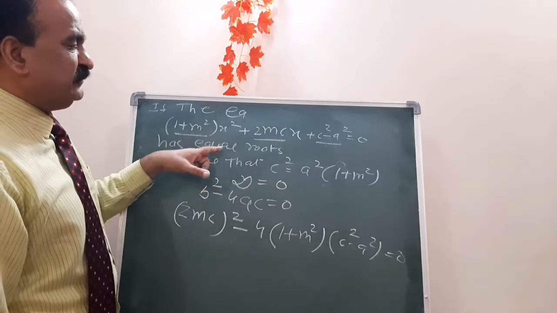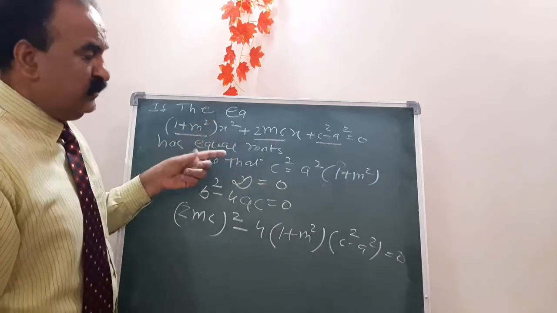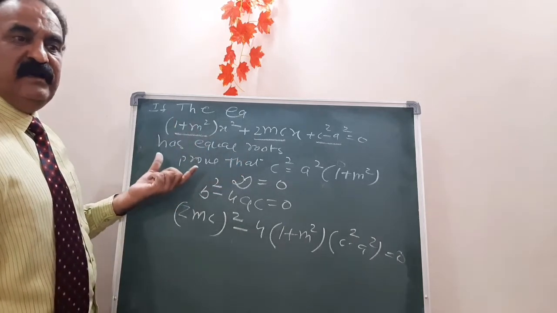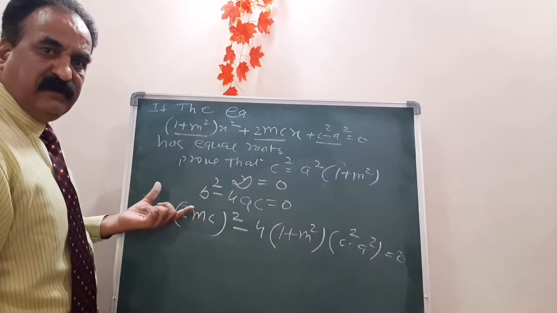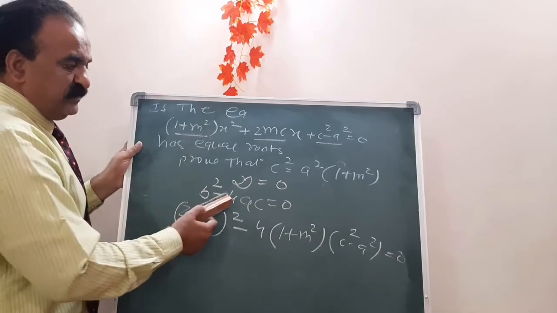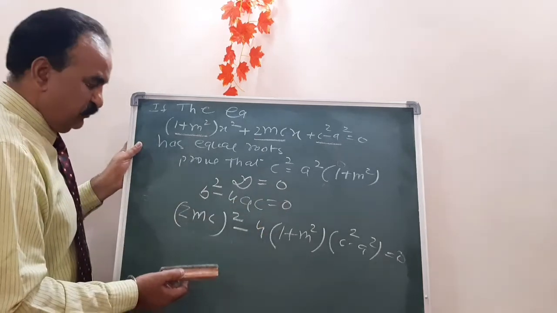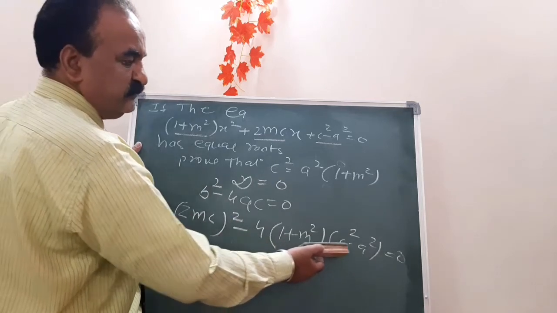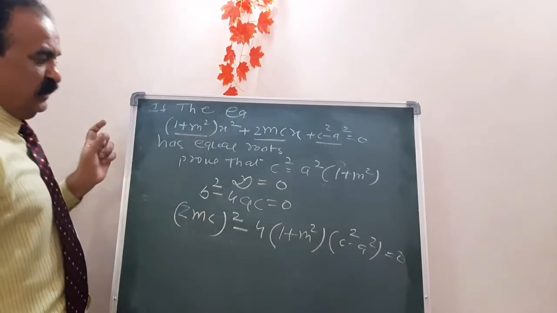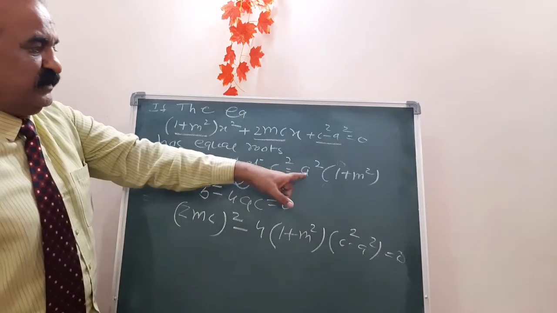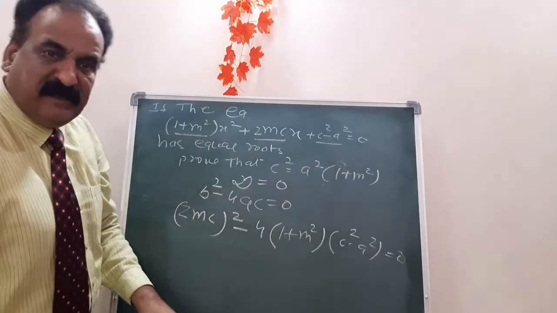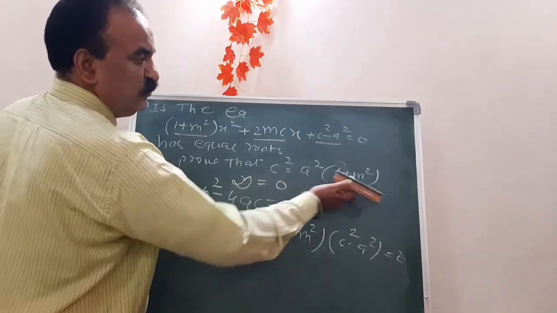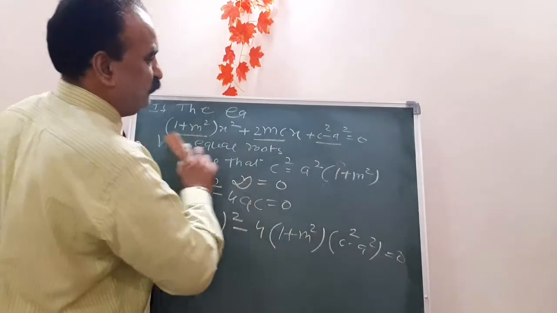Because the equation has equal roots, and I have already told you when D equal to 0, it means the equation has equal roots. Clear? So (2mc) whole square minus 4 into (1 plus m square) into (c square minus a square) equal to 0. And what you have to prove? c square equal to a square into (1 plus m square). Let us see how.